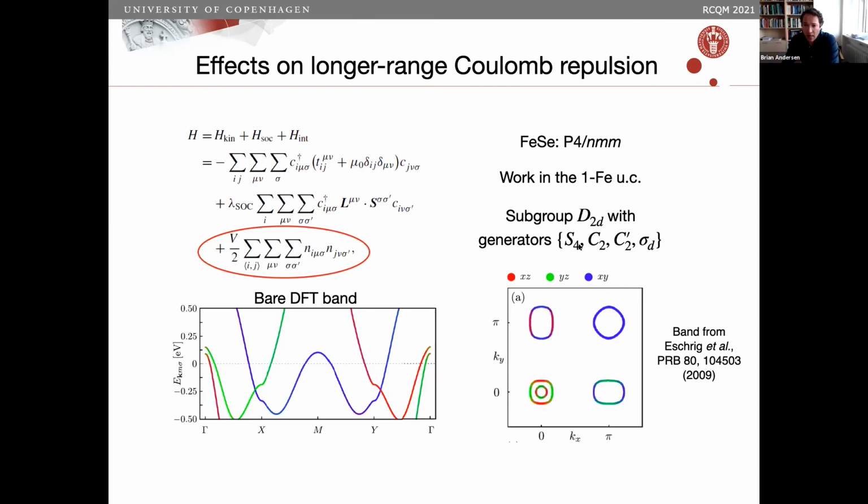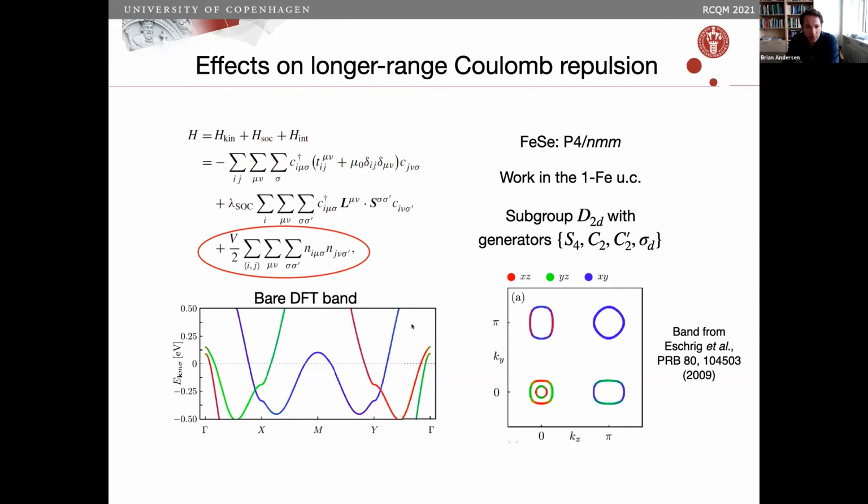So the group elements are some 180-degree rotations and mirrors, and it's not a C4 rotation that's in this element, it's S4. So the Hamiltonian of the 1-iron unit cell is only invariant under these symmetry operations. So if we discuss and study the effects of nematicity arising from nearest neighbor Coulomb, it really means breaking of S4 symmetry.